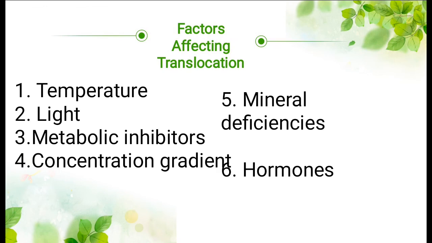Number 3. Metabolic inhibitors. Number 4. Concentration gradient. Number 5. Mineral deficiencies. Sucrose movement can be aided by boron. Lastly, number 6. Hormones. These are associated with the active parts, hence the growing part or sink greatly influences translocation.